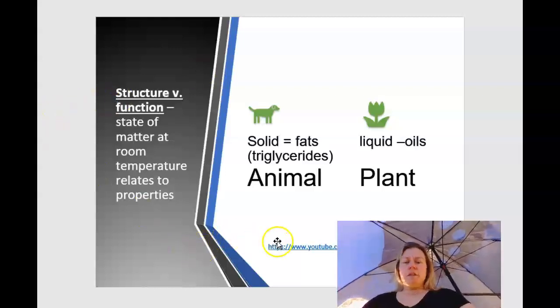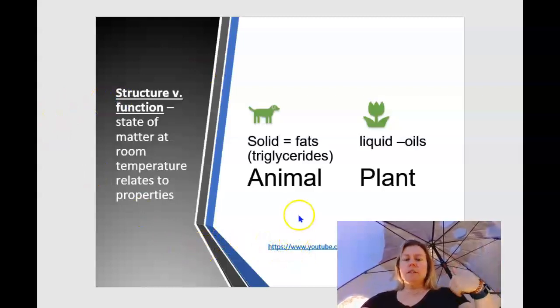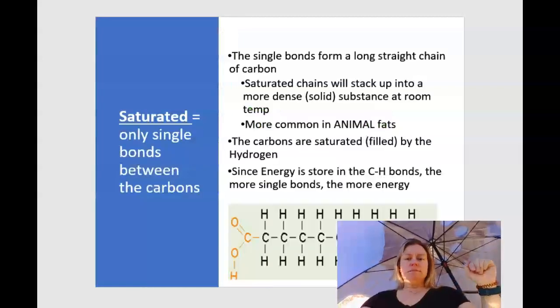So I've got here a video link, and I really recommend that you follow it. It's going to go into the structure of these animal versus plant, or most of the time saturated versus unsaturated, and what that means. I'm going to go into it in the next slide, but feel free to follow that video as a reinforcement to this lesson.